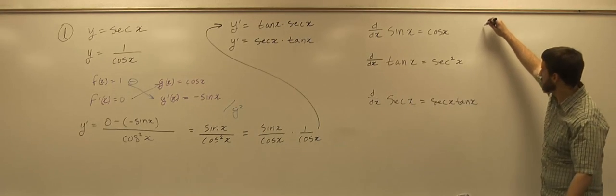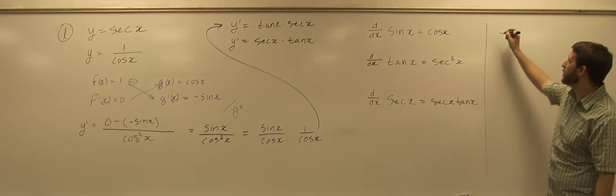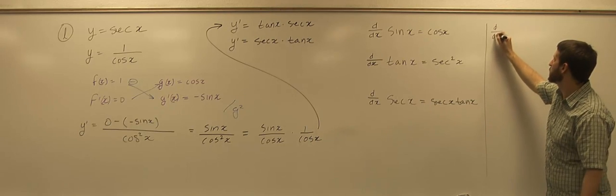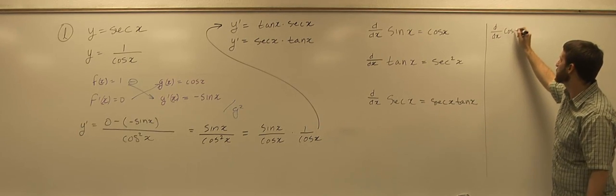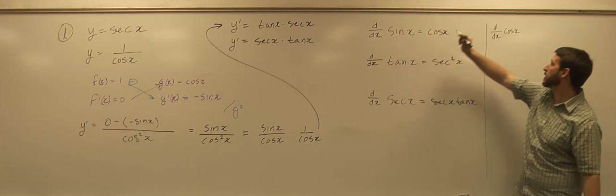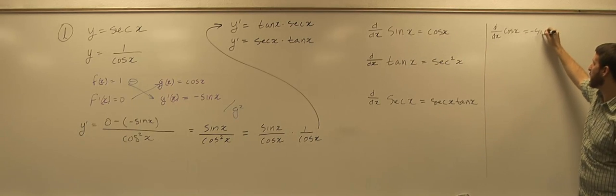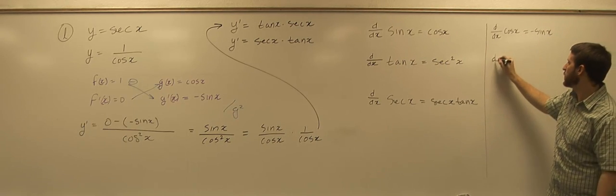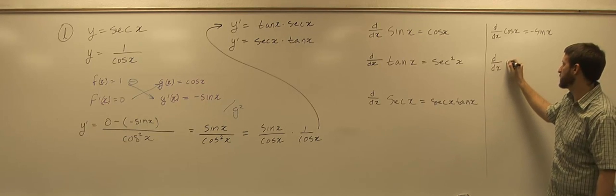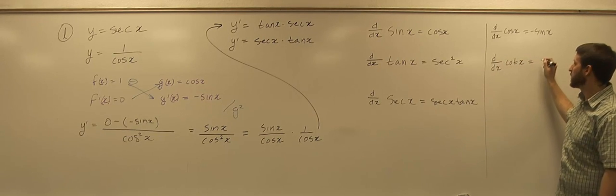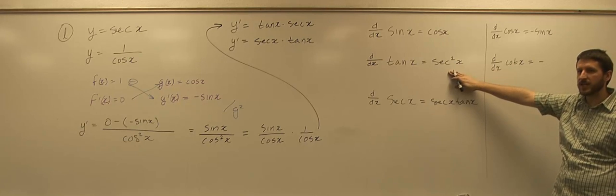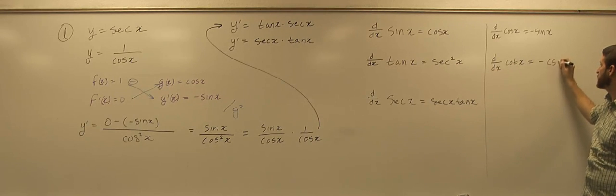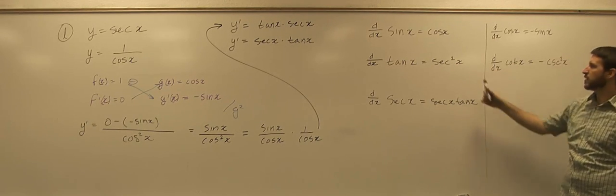Now the other 3 follow the same pattern but have negative signs. So the derivative of cos x is negative sine x, right? We saw that already. The derivative of cotangent x is going to be negative, instead of secant, cosecant squared x.